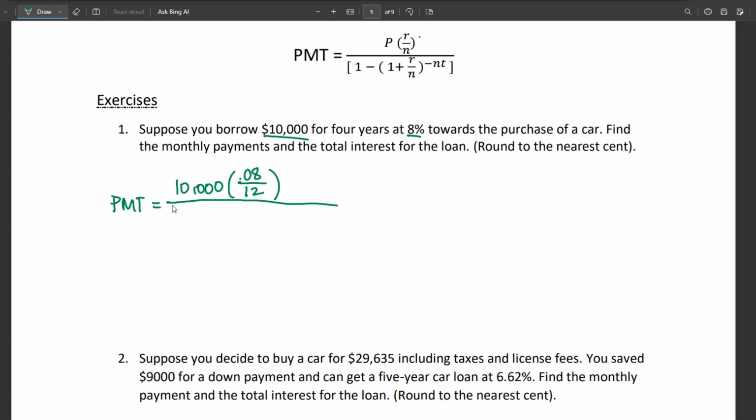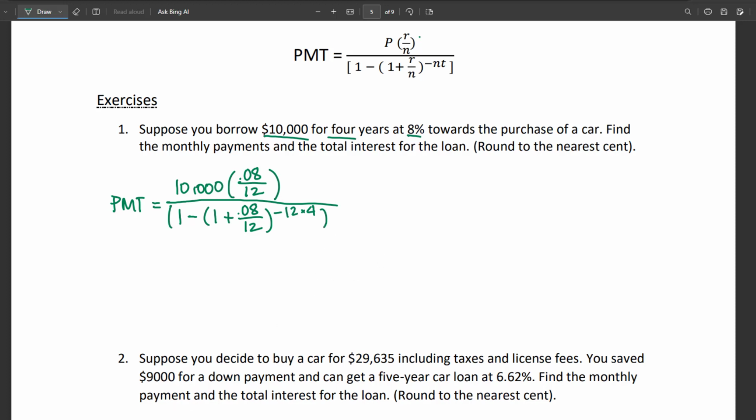And then all divided by 1 minus 1 plus R over N, so 0.08 divided by 12. And then our exponent is negative 12 times our time, which in this case is 4 years. So negative 12 times 4.